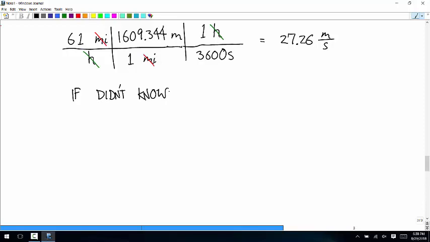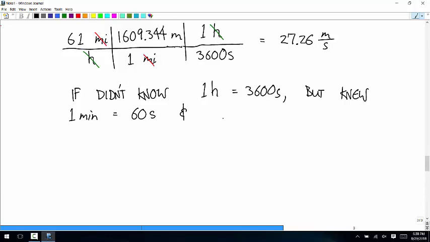So if you didn't know 1 hour is 3,600 seconds, but you knew that 1 minute is 60 seconds, and 1 hour is 60 minutes, you'd start the same way, 61 miles per hour.